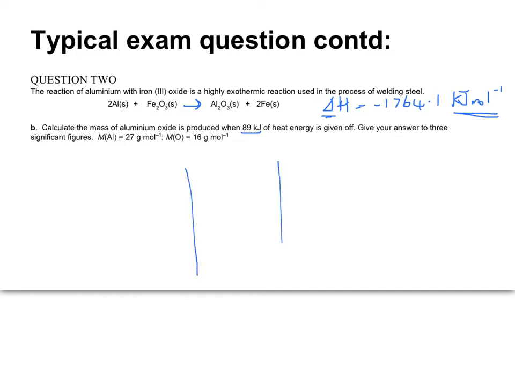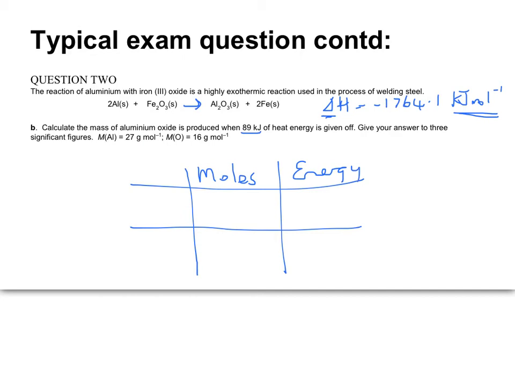So we can still use the same system. We're wanting to compare moles and how much energy a particular amount of moles creates, and we have our unknown and our known. Okay, so what we know and what we're looking at from the question, we're interested in aluminium oxide. So our known aluminium oxide from the reaction, looking at it here, we know that 1 mole is produced, it's one of the products, when 1764.1 kilojoules of energy is released.